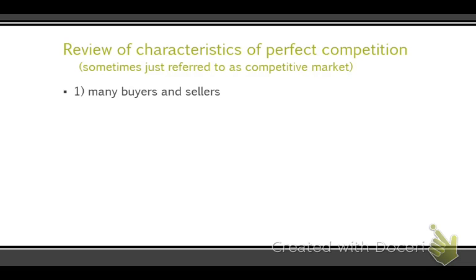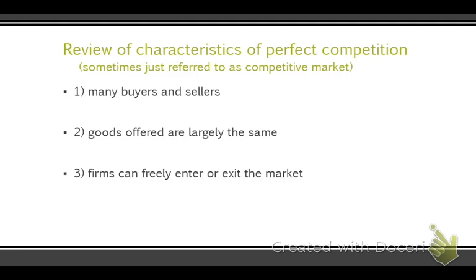All right, so here they are. Many buyers and sellers. Goods offered are largely the same. Firms can enter or exit the market. Buyers and sellers are price takers. Know those 4 characteristics.